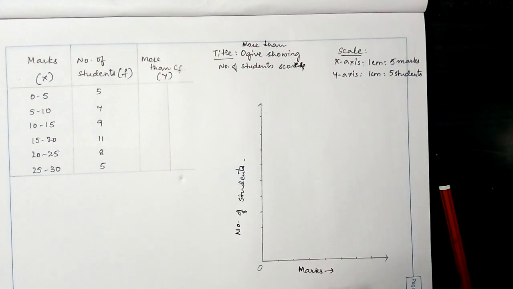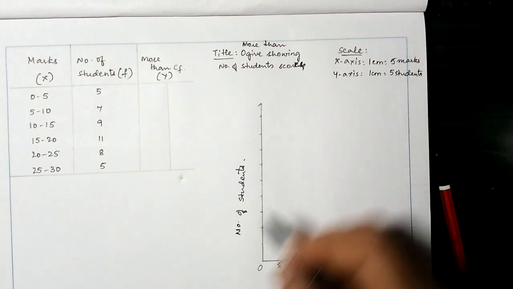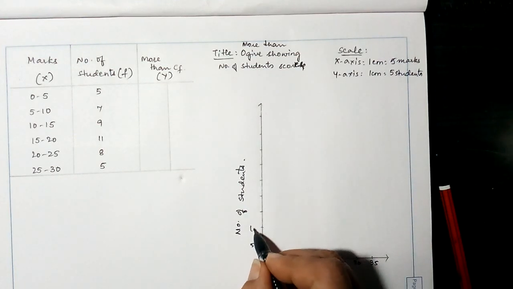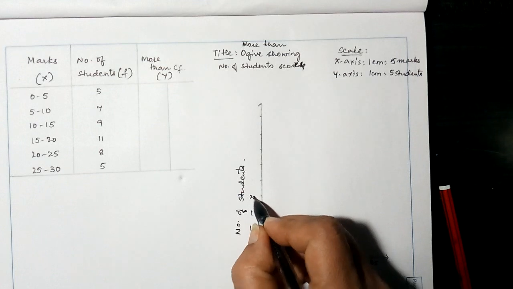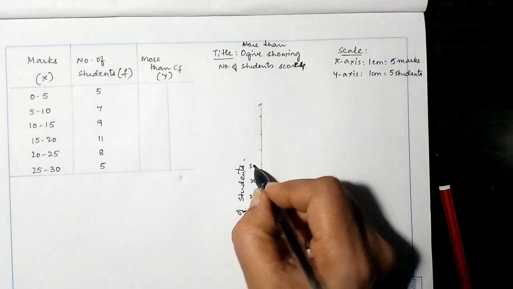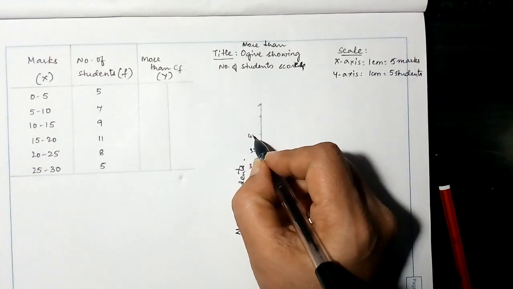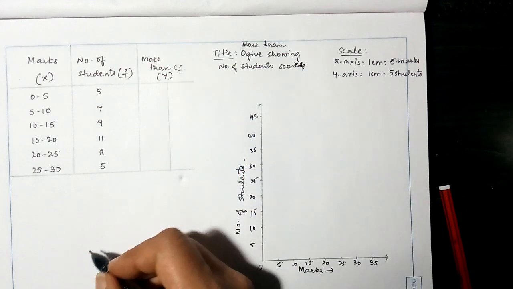So let's complete marking over here. 5, 10, 15, 20, 25, 30 and 35. So number of students also we can mark 5, 10, 15, 20, 25, 30, 35, 40 and 45.